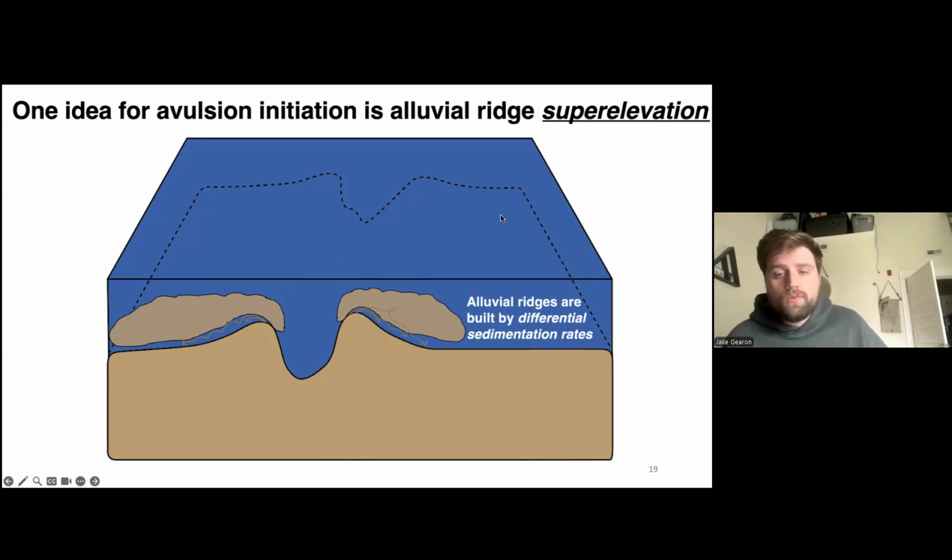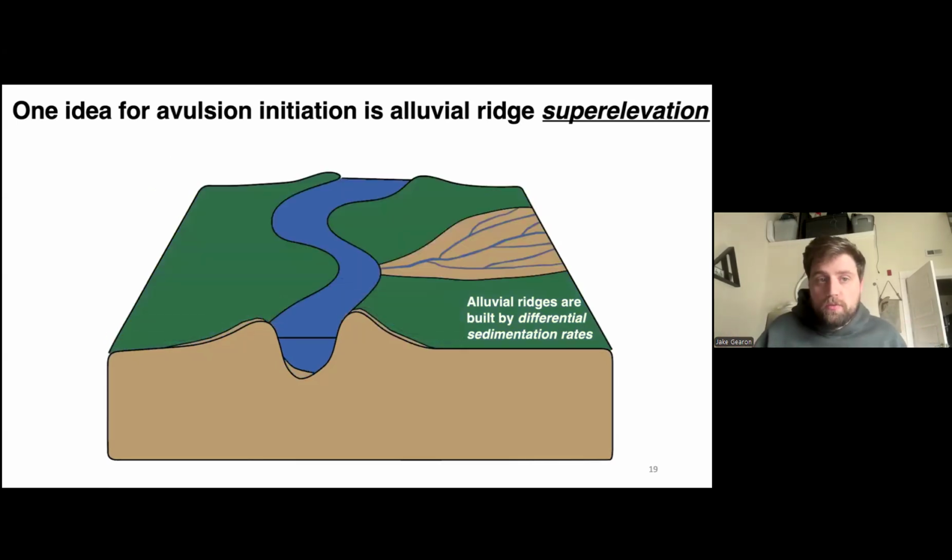So these alluvial ridges are built by differential sedimentation rates. But that can cause a little bit of a problem. When you are aggrading a channel above its floodplain, you're ratcheting up that water column and you're giving it a lot of potential energy.